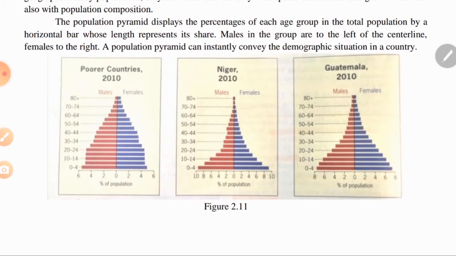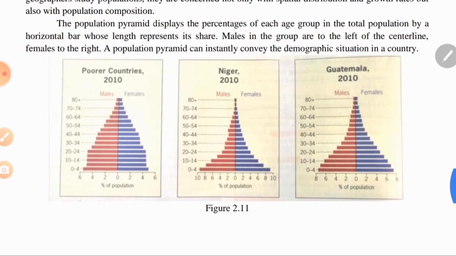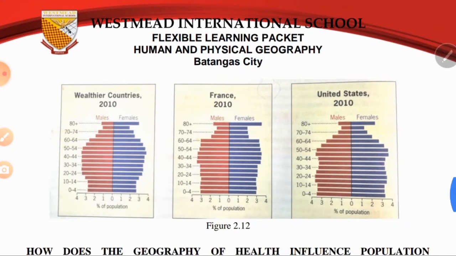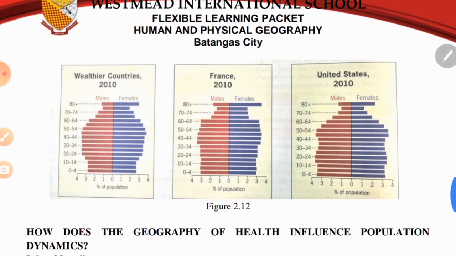As you can see, the population composition in the poorer countries. Then, in the wealthier countries, which is more numerous, male or female, and at what age.